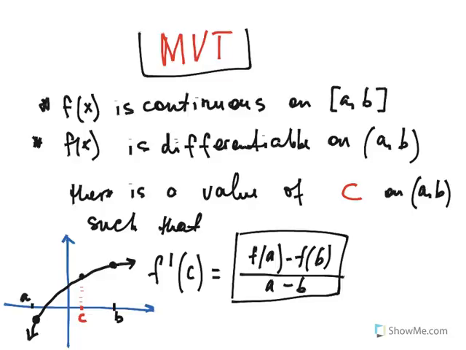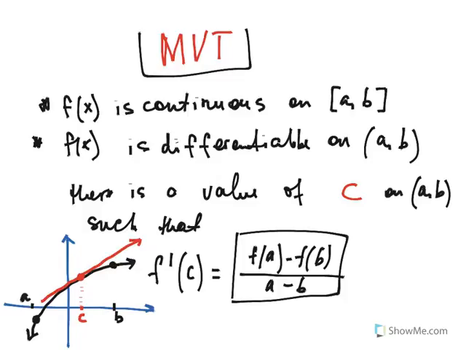Now, the derivative of this function at c, what does it mean? It means the slope of the tangent line at this point, right? At x equals c. So before I continue, let me draw this line, the tangent line that touches my function at this point.